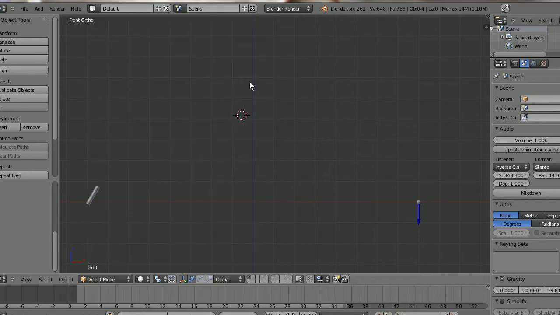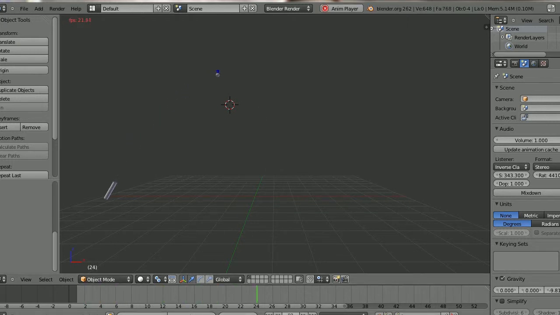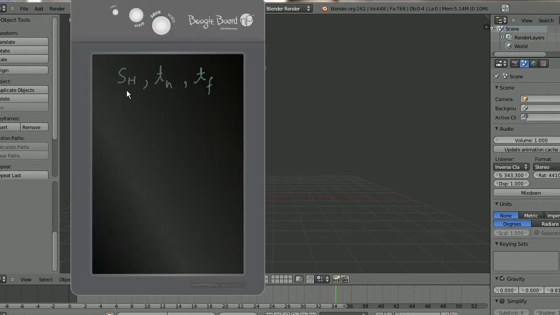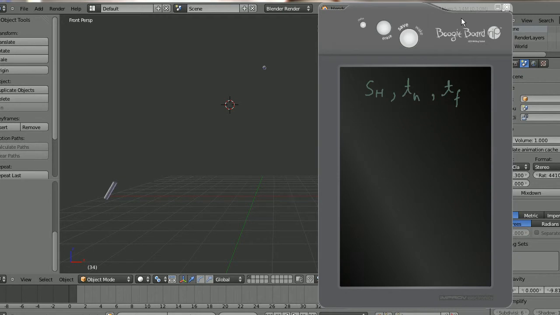We can also figure out the maximum height that it reaches. At this maximum height we already have a general equation for the height that it reaches, which is equal to v sine theta into t minus half gt squared.